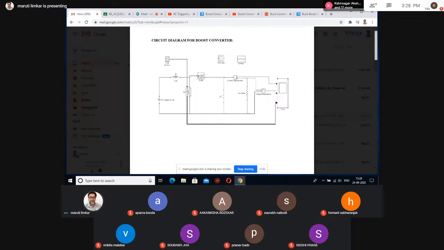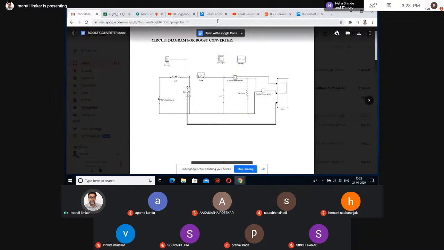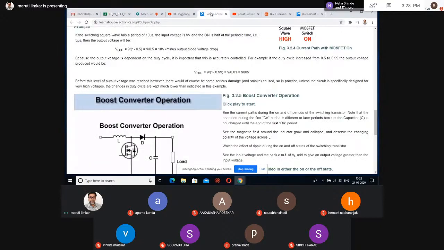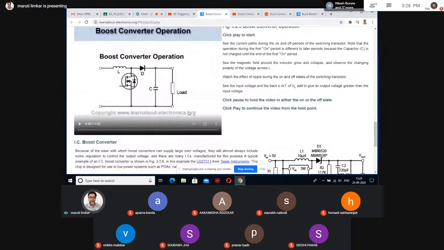Then the inductor is there. Then see the circuit diagram. Then there is a switch. That is an ideal switch. You can use any semiconductor device, so select the semiconductor device.